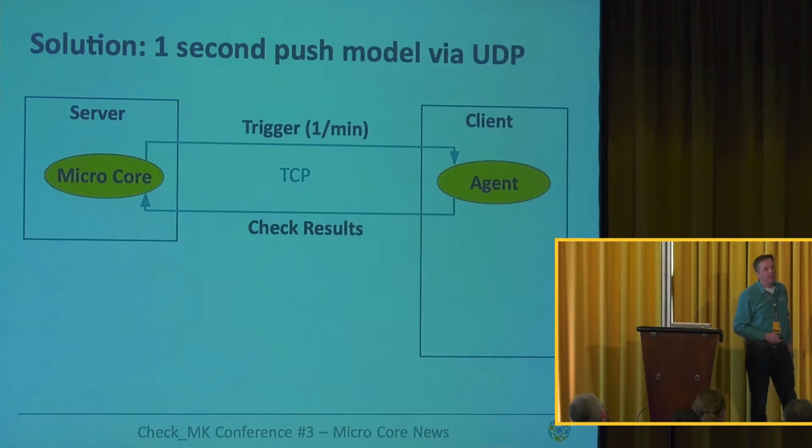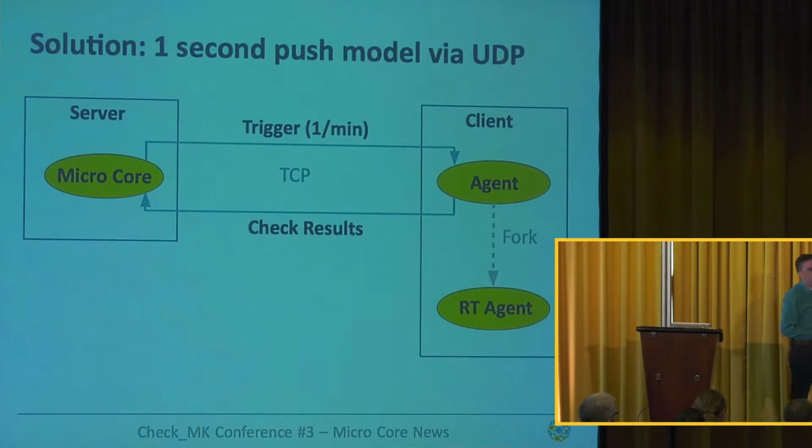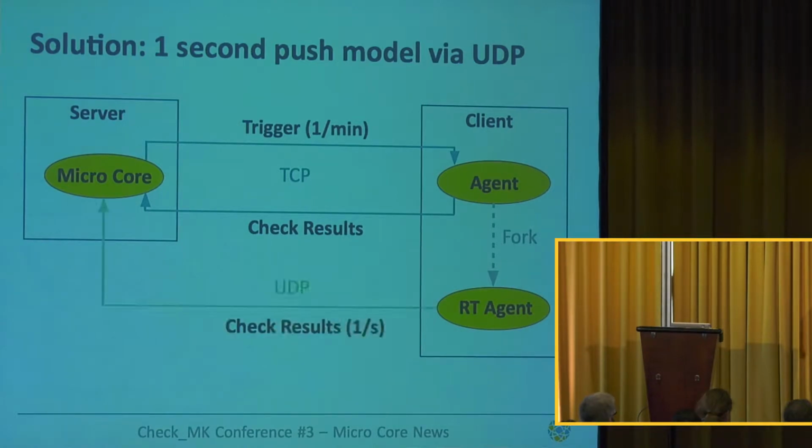All good. So if you have configured for this client that you want a real-time check result, then the agent will fork on the client, making a copy. The normal check cycle continues, and for a certain amount of time, the copy of the agent is working, which is then once per second sending back check results via UDP over a configurable amount of checks.